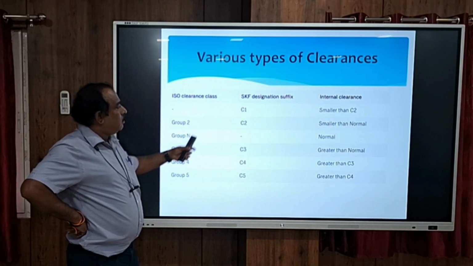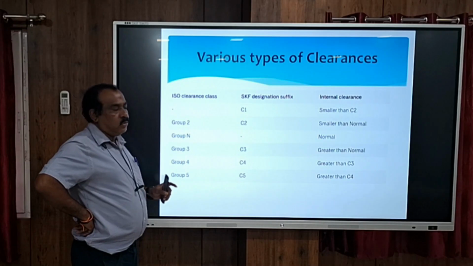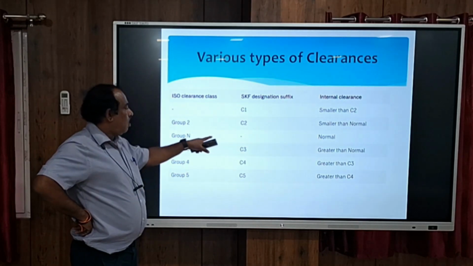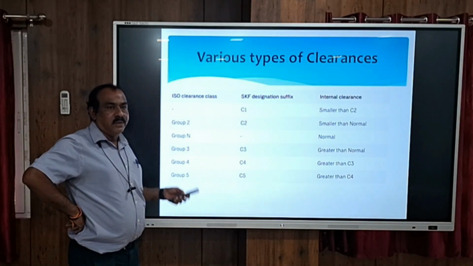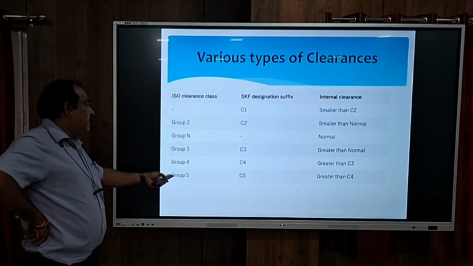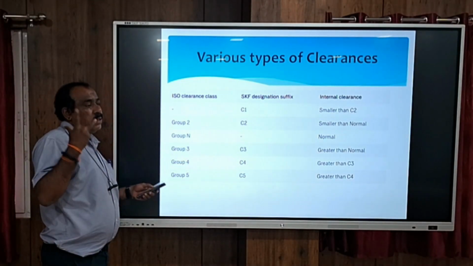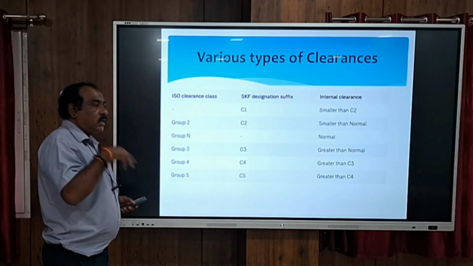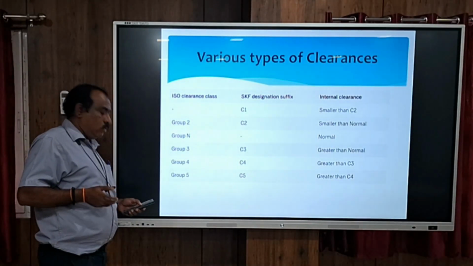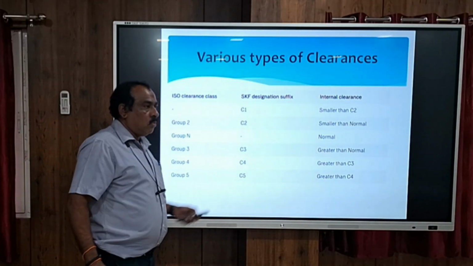Generally, C1 will be rarely used. C2 has very limited usage, and normal as well as C3 clearance are used the most in bearings. Then C4 and C5, where the clearance will be more, are used where temperature is higher. Suppose in textile industries and all, there C4 and C5 clearance bearings will be used. But for auxiliary motors and all, we will use C3 clearance only.